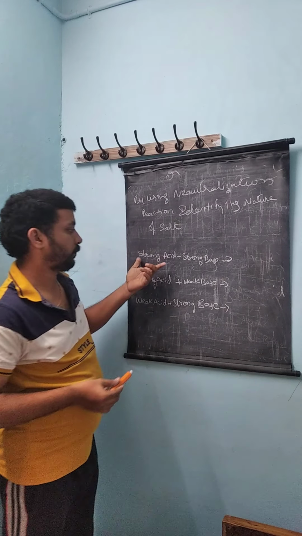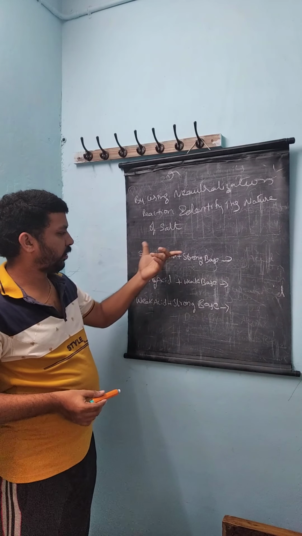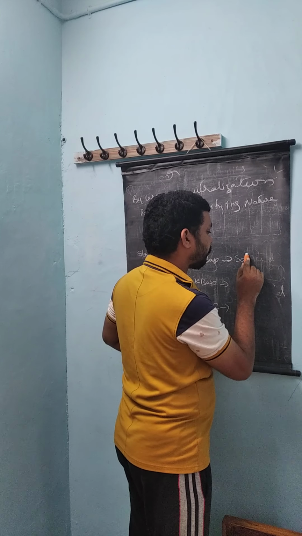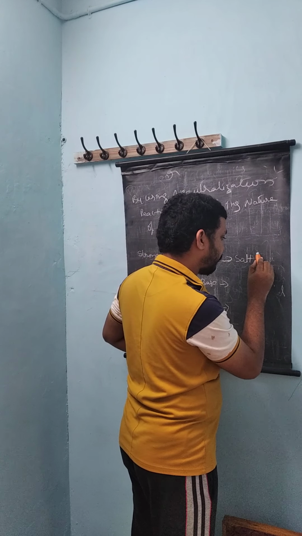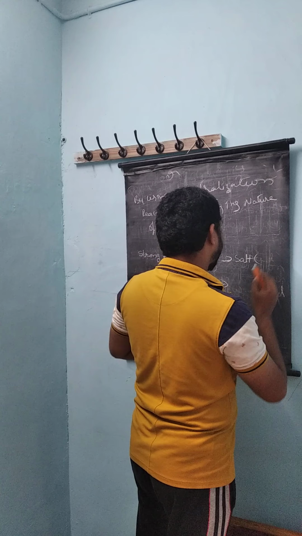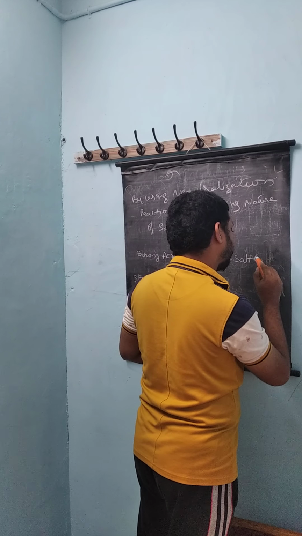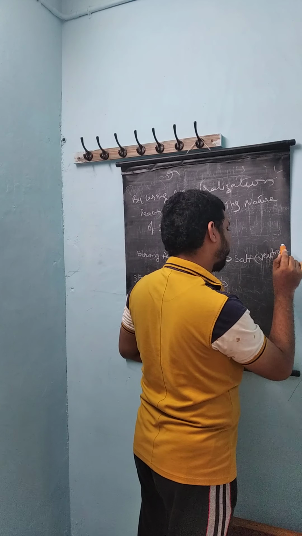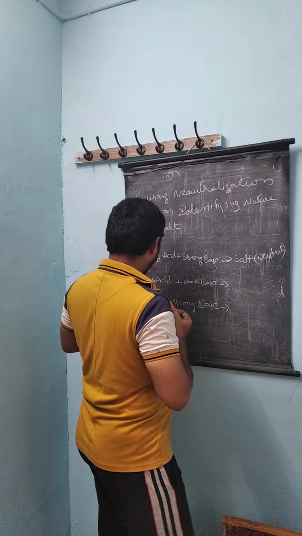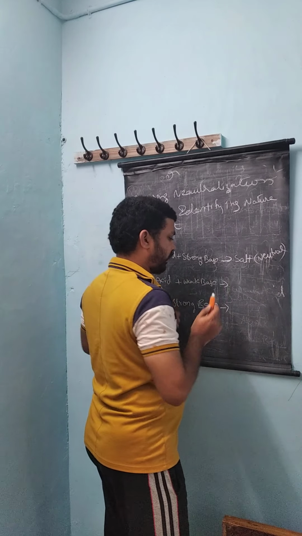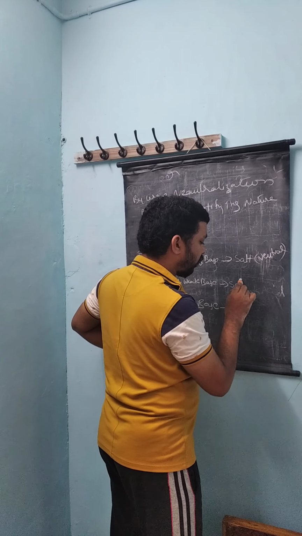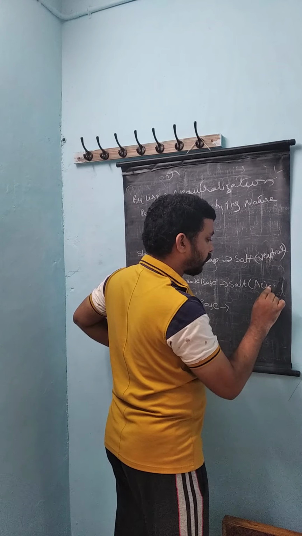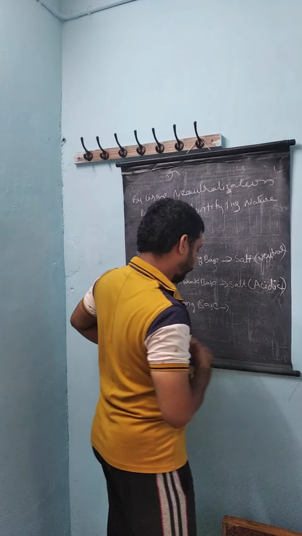See, if the acid is strong and the base is strong, then the obtained salt has neutral nature. If the acid is strong and the base is weak, then the obtained salt possesses acidic nature.